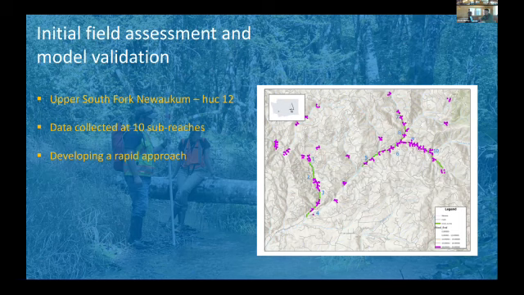So the initial field assessment, model validation, now we've gotten mostly through that upper south fork in Lachlan. Jacob pointed to it on the map there, so the purple is the top 20% location, the underlying green is our assessment line where we collect the data.